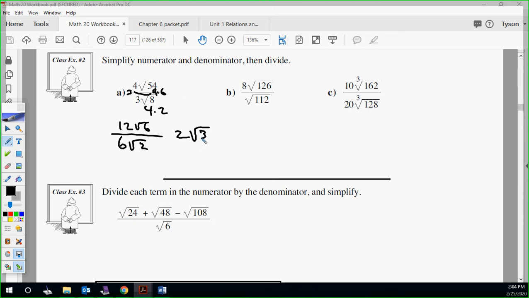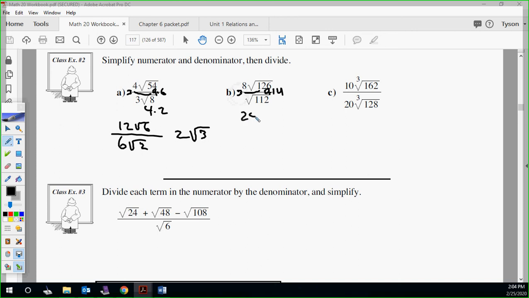Okay, what are some squares that go into 126? Not very common. No, 64 is 128. 9 and 14. Okay, good, Sophia. 9 and 14. The 9 comes out as a 3.